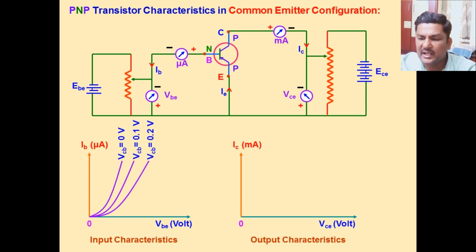And the output characteristics of a PNP transistor in common emitter configuration is the graph between output voltage VCE and output current IC when IB is kept constant.